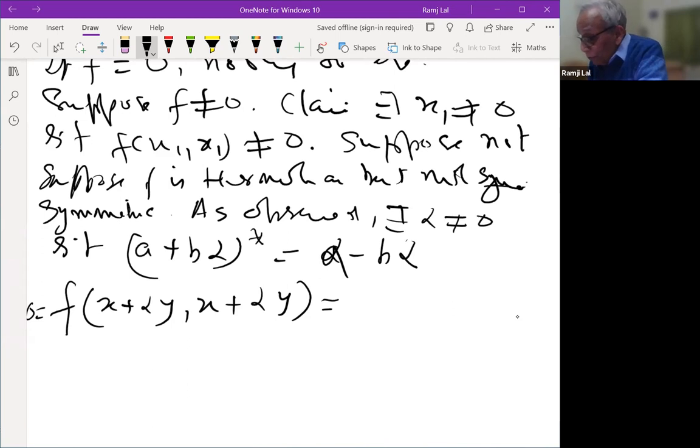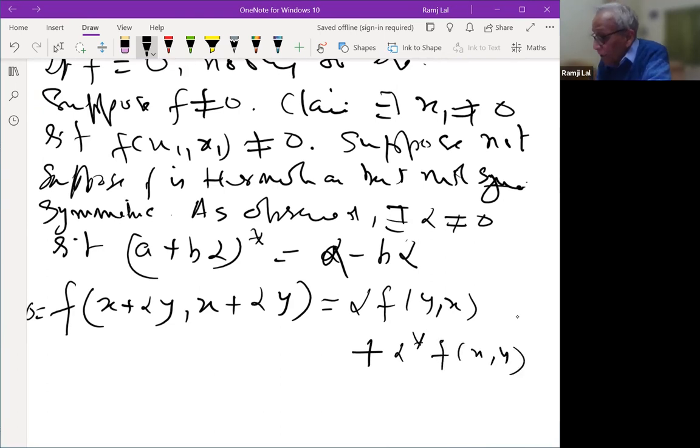So this will be alpha times F y x, plus F x, alpha y. F alpha y, x is alpha F y x. And F x, alpha y, since this is a sesquilinear form, will be alpha star times F x y, and this alpha star is minus alpha, as we have seen.